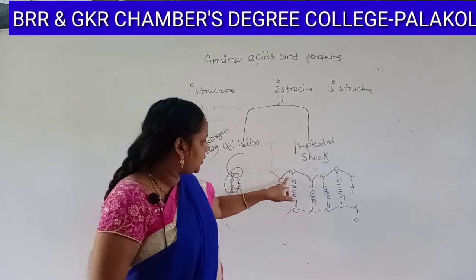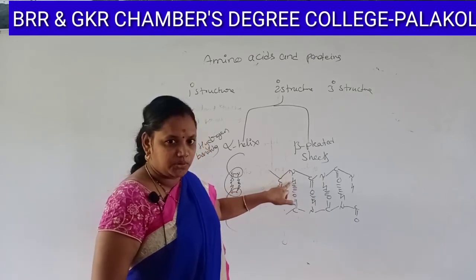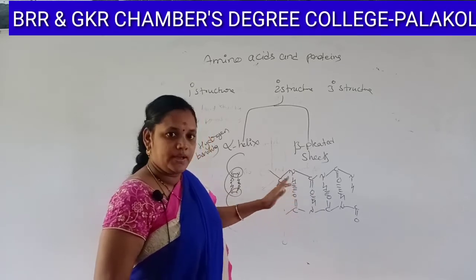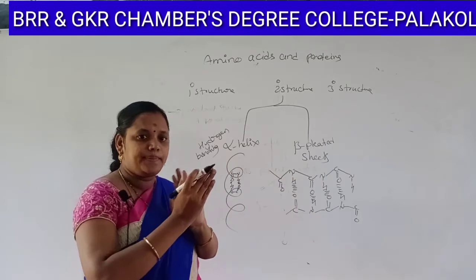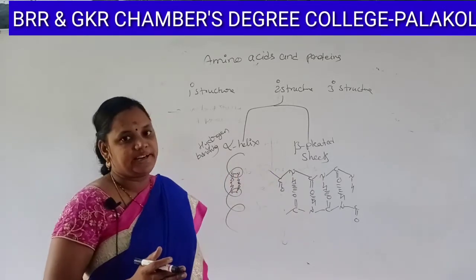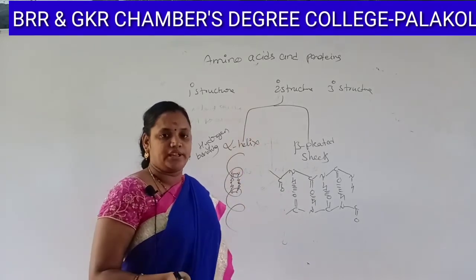Here the first protein's nitrogen hydrogen is connected to the second sheet of protein's oxygen. So they are arranged side by side. The protein chains are arranged side by side to form a beta pleated sheet. This is one of the secondary structures of proteins.